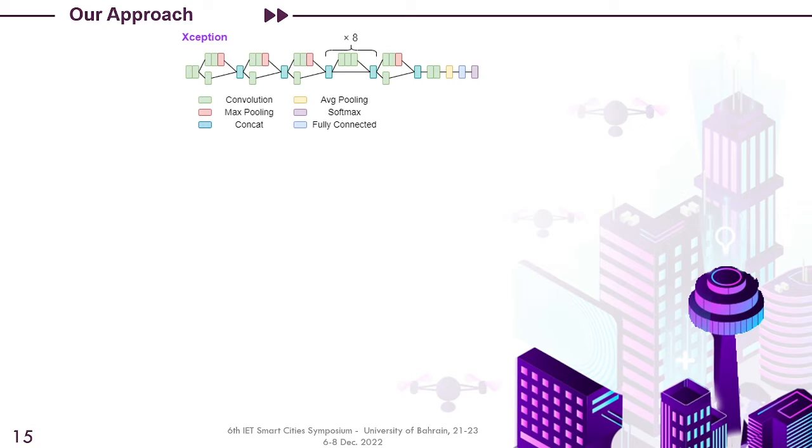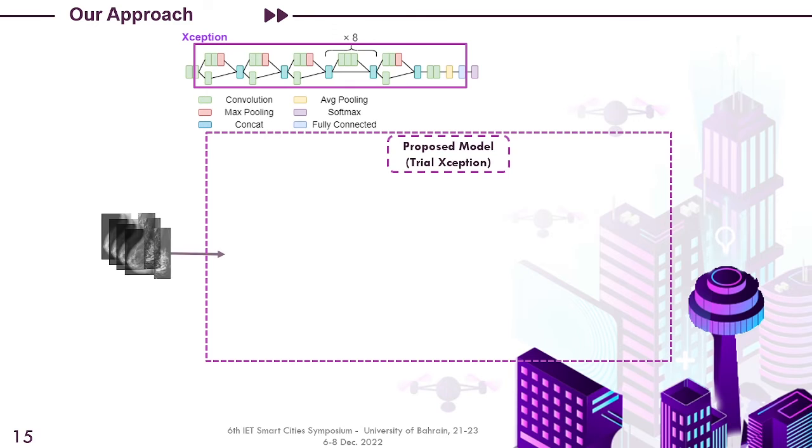So in order to adapt and build each model for our problem, the selected pre-trained models were imported with the weights of ImageNet as initial weights, with an input shape of 224 by 224, and without including the top.